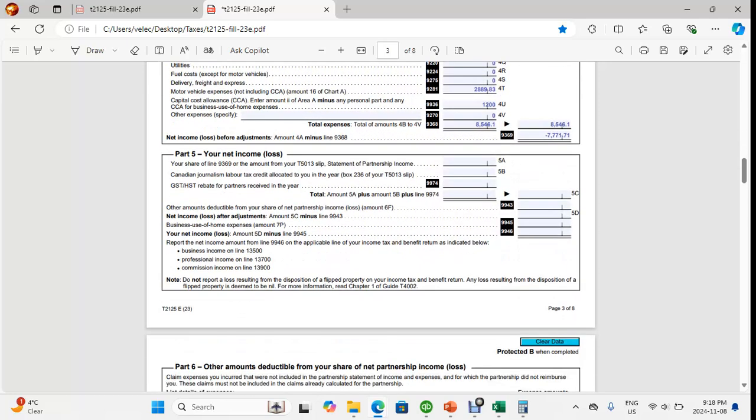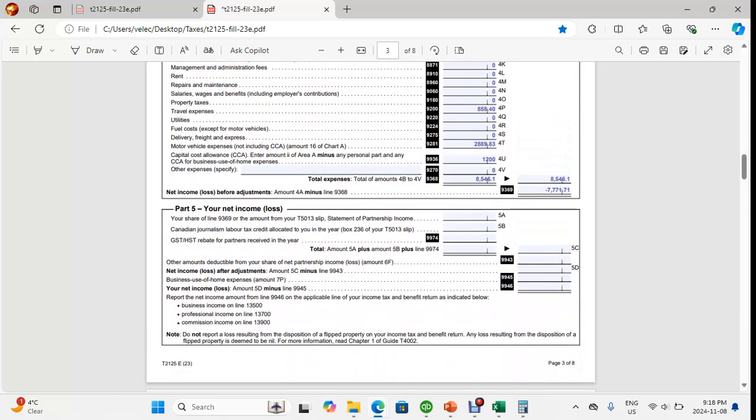Apart from part 4, you do have part 5 to fill up. For part 5, box 5A will be the same figure as in line 9369. Let's say this is negative $7,771, or a loss of $7,771. 5B has to do with the Canadian journalism labour tax credit.